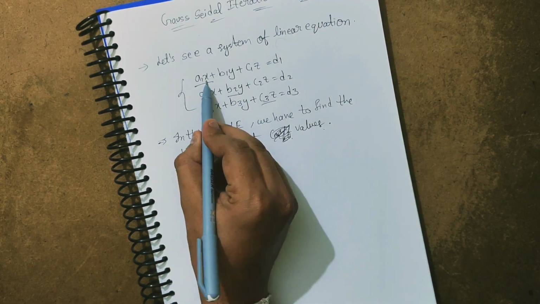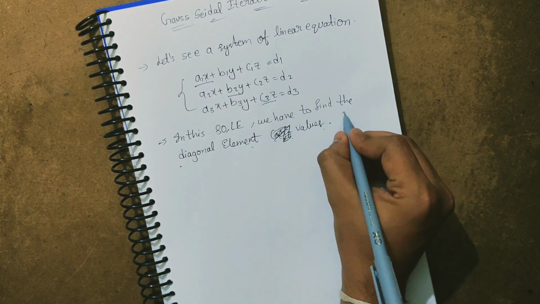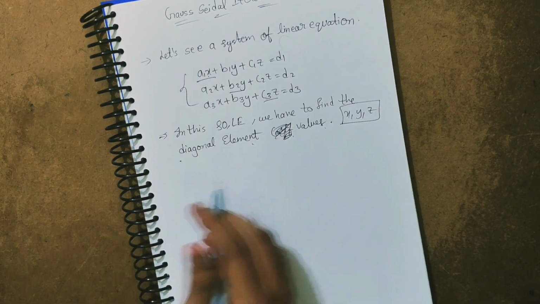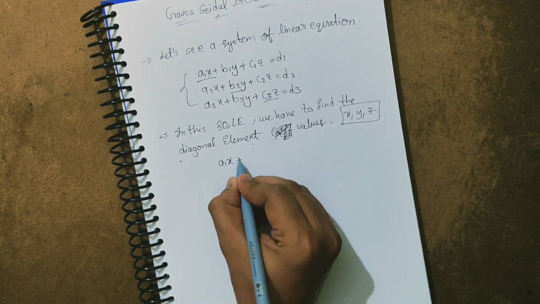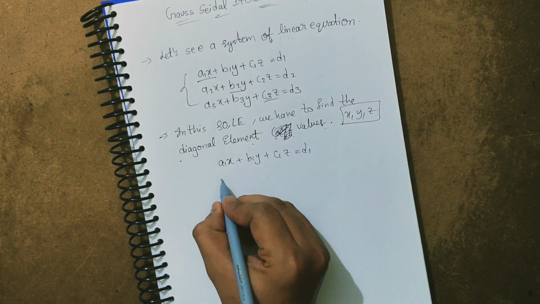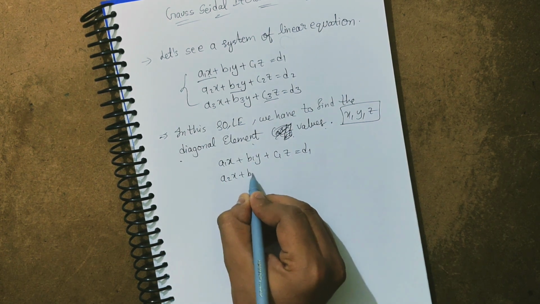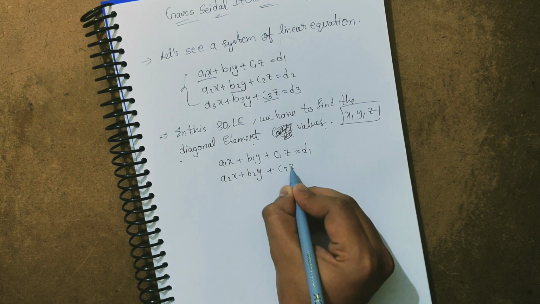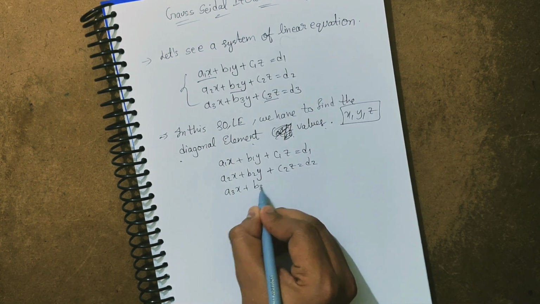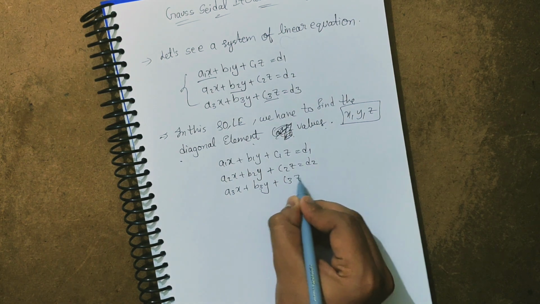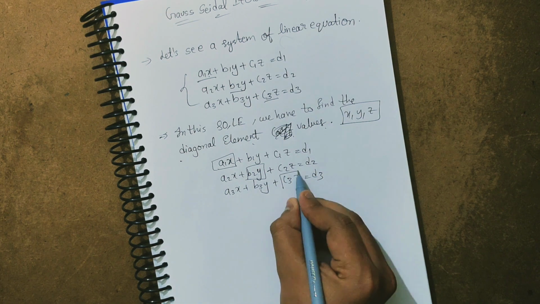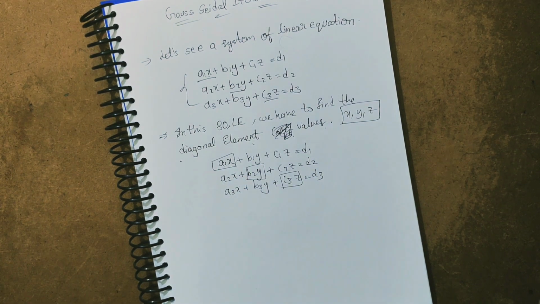We have to find the value of x, value of y, value of z. X, y, z. These three values we have to find, which is nothing but these diagonal values we have to find.